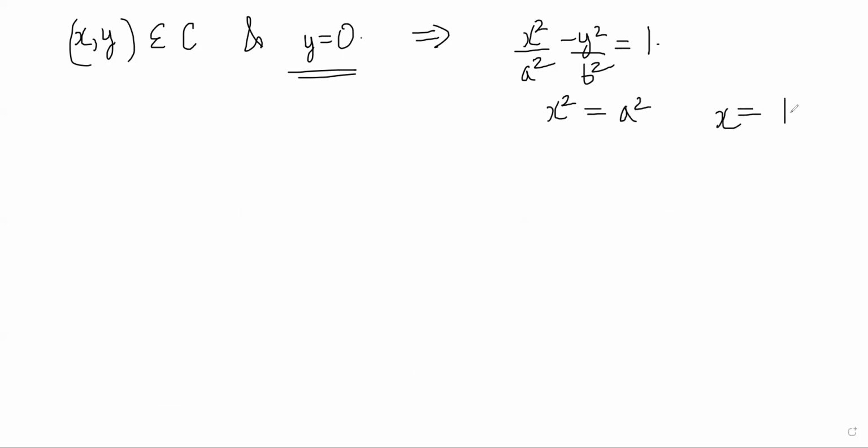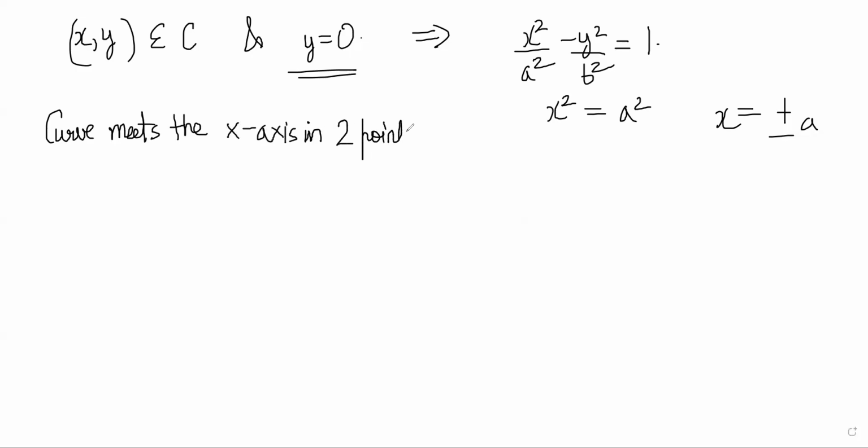So x is equal to plus minus a. So there are 2 points where the curve meets the x-axis. And these 2 points are known as the vertices of the hyperbola.